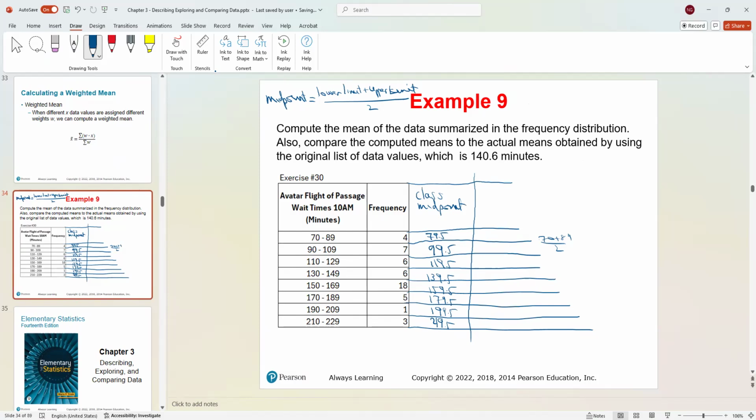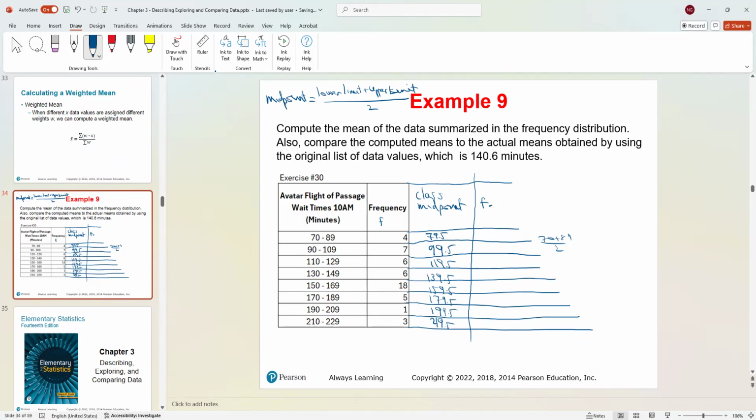Now, the next one is to do the frequency F times X. So what is X at that point? You need to take the frequency and multiply by the midpoint.